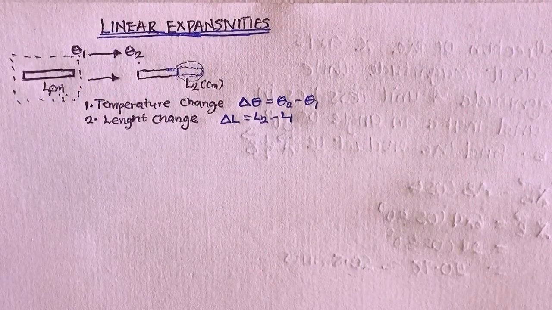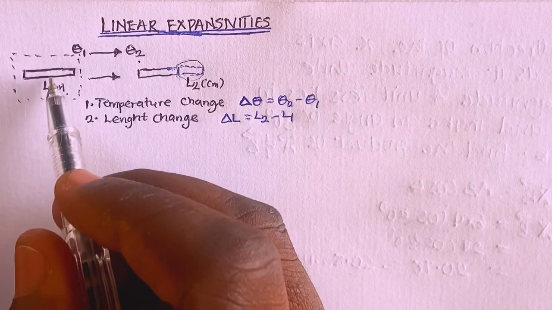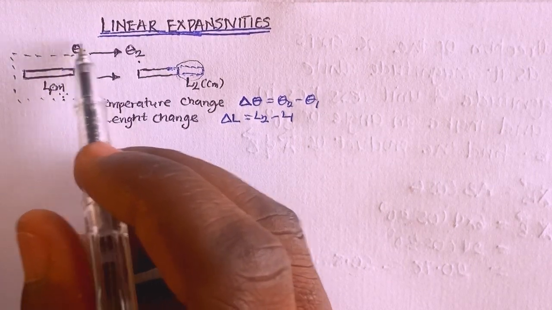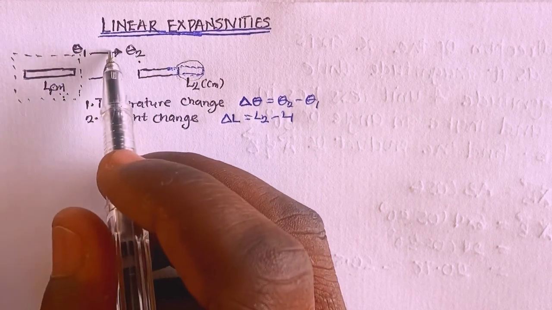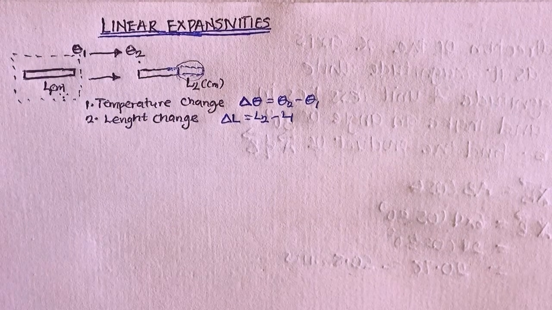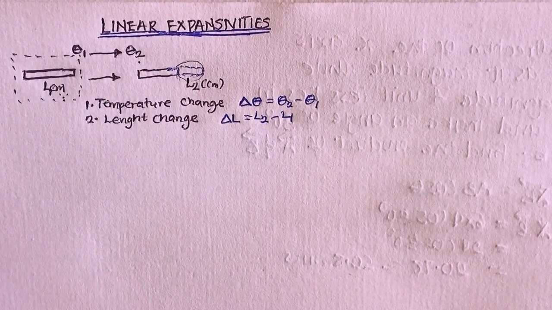So if a certain material is present at a particular temperature, and there is an increase in the temperature, there will be an increase in the length of the material. That increase is known as linear expansion or linear expansivity. Let me give you a short definition.